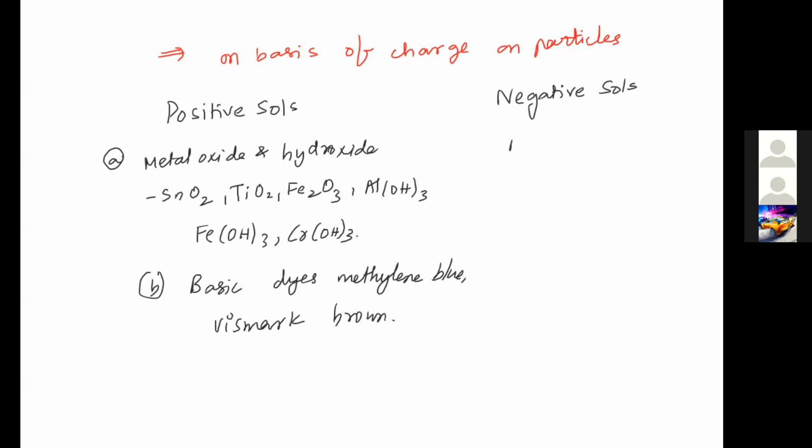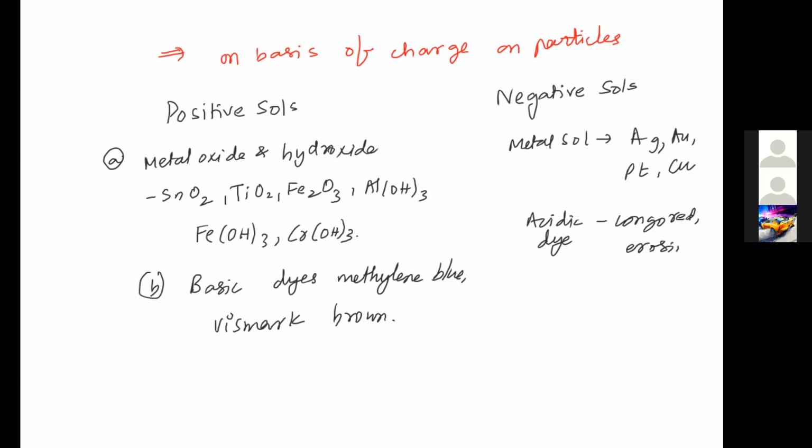Under negative salts you have metal salts, which is Ag, Au, Pt, Cu. Next is acidic dye, Congo red, eosin. Sulfide salt: cadmium sulfide, mercury sulfide, As2S3, Sb2S3.